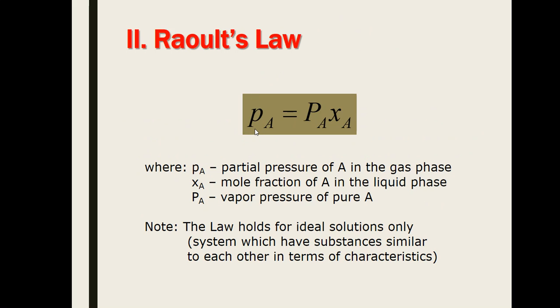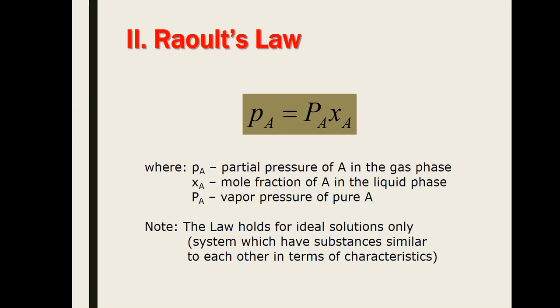As mentioned, equilibrium relationships could be expressed in terms of equations, and it is also the basis for phase equilibria. One such equation is Raoult's Law, and it is only applicable to what we call ideal systems or ideal solutions, which are said to be ideal because the way the components behave is similar.